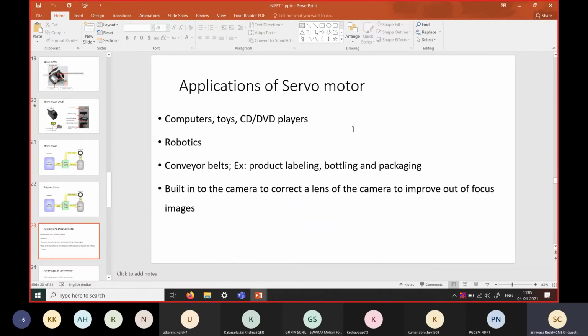The applications of servo motors include computers, toys, CD, DVD players. In robotics applications also, for mobile robotics, for rotating the wheels, or in case of leg robotics, each leg may constitute multiple motors.